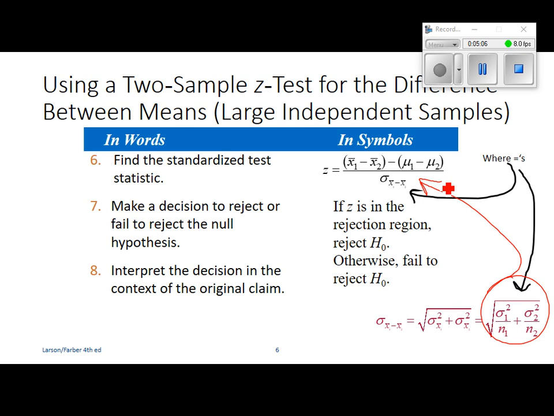For the interpret step, do we want to write A, B, and C for one of them? Yeah. First part is your what? Level of significance. That's your alpha. Part 2 comes from where?